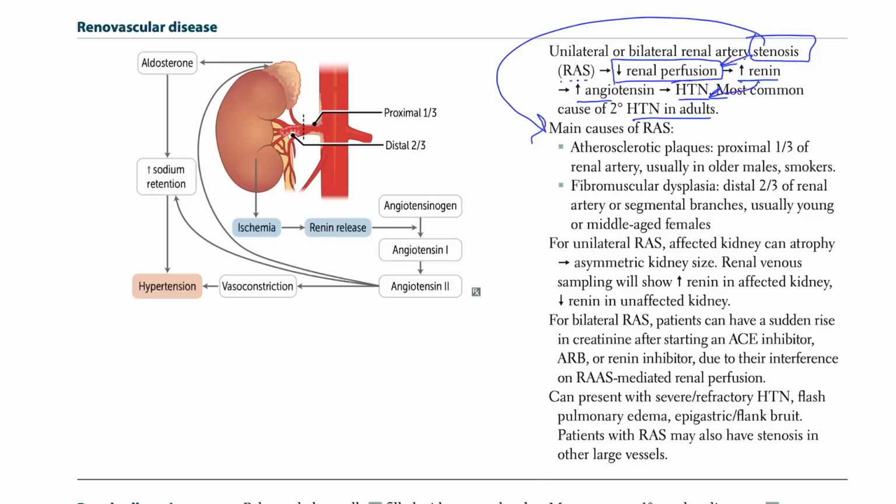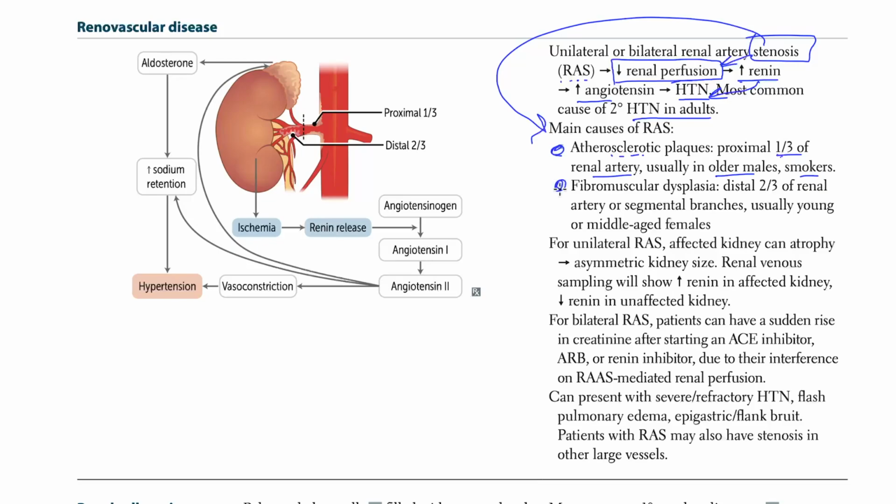Well, the cause of renal artery stenosis is either atherosclerotic plaque, which is in the proximal 1/3 of the renal artery. So if you have atherosclerosis, that's gonna affect the proximal 1/3 of the artery, usually in older males, smokers.